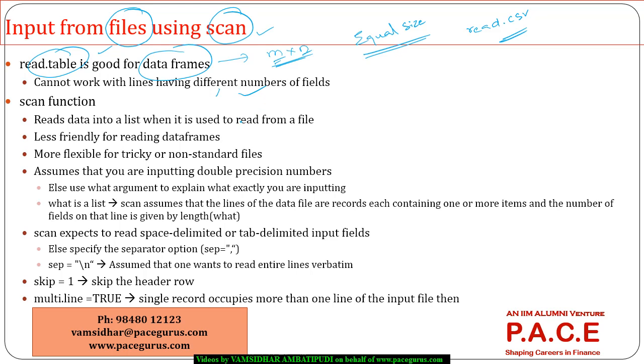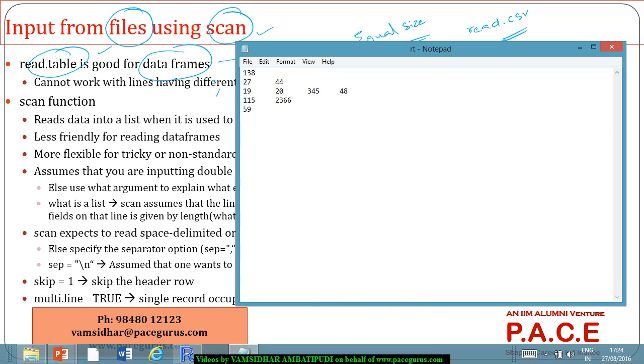But if you have different lines with different number of fields, then obviously we are not able to use the read.table. Let me just use this example. If you look at this data file here, right, you could see that it is having not equal number of rows and columns.